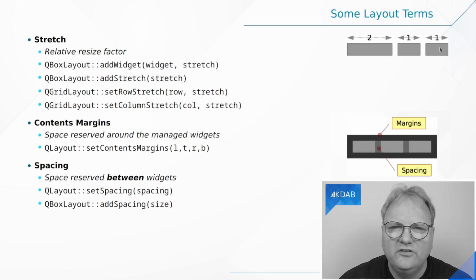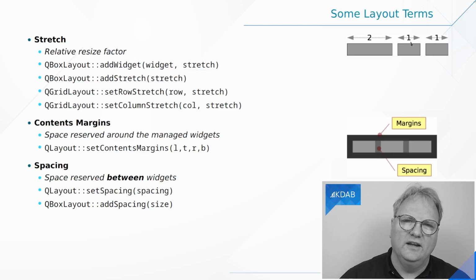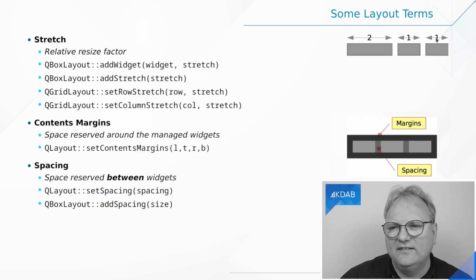So I would see exactly the same user interface if it said 20, 10, 10, or pi, pi, 2 pi, except that I cannot do double values here, but in theory at least. There is a corner case, namely, what if it says 0? If I had the addWidget and didn't specify anything, then 0 means just give me what my sizeHint asked for. Do not give me anything additional.